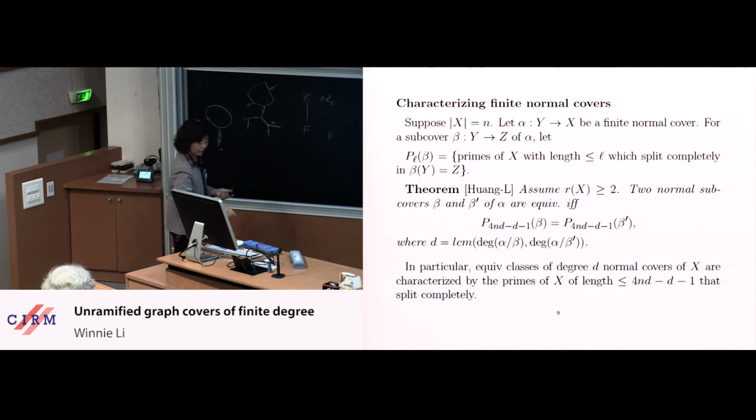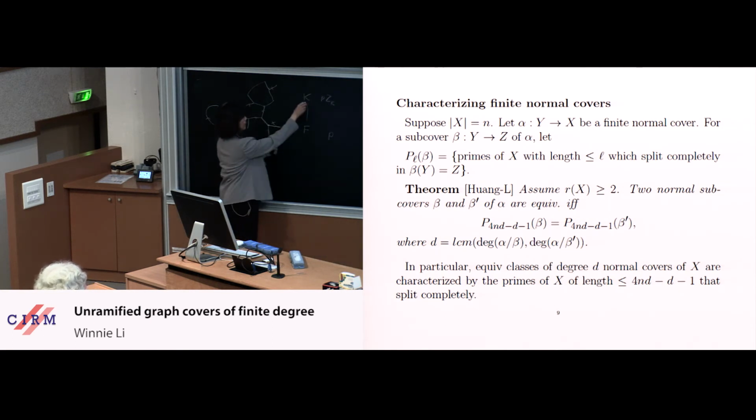So this corresponds, in the case of number fields K over F, to wanting to know when two intermediate fields, which are normal, which are Galois over downstairs, are the same. Okay. So the answer in the number field case says that they have the same primes which split completely in both fields. So it's similar for the case of graphs.